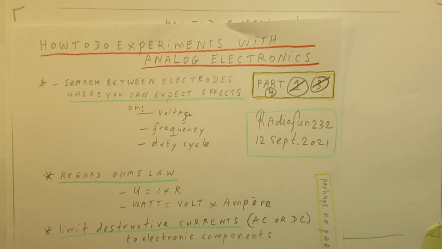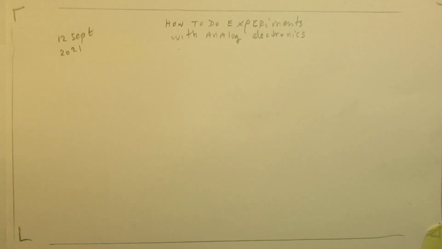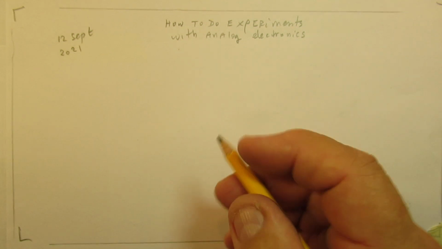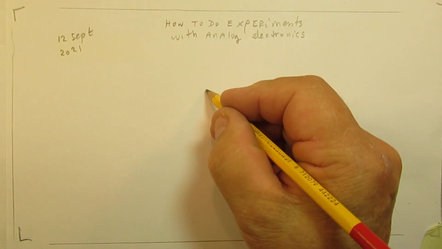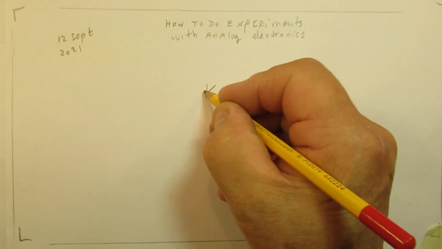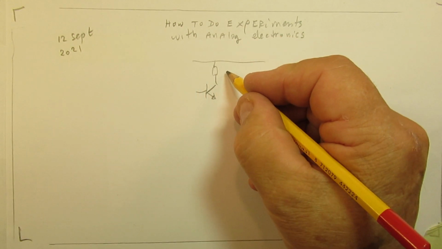I hadn't talked about the second breakdown effect that, as far as I know, only works with bipolar transistors. So we have here a bipolar power transistor. It has a load in its collector lead.